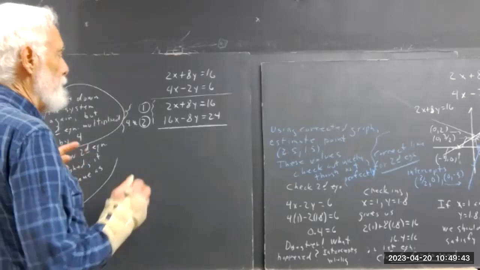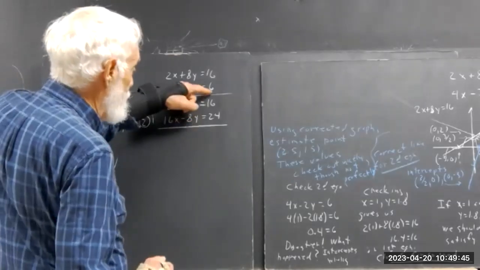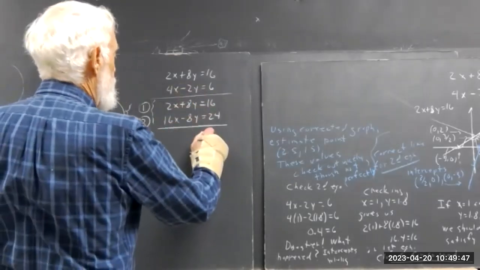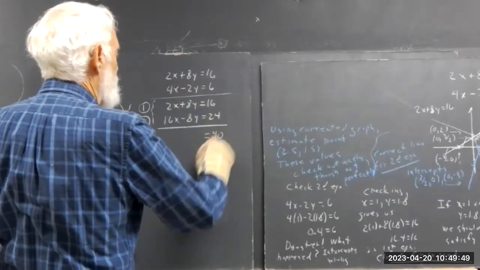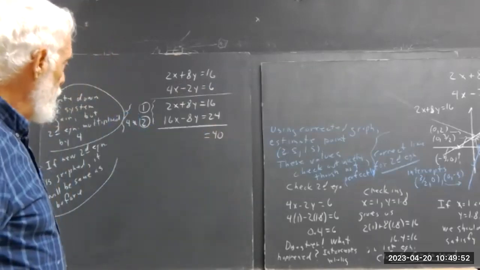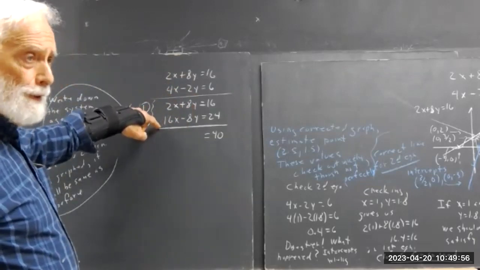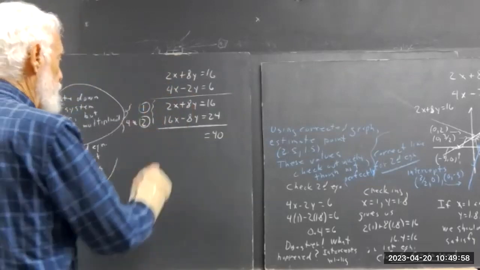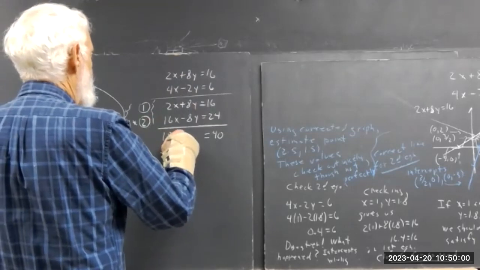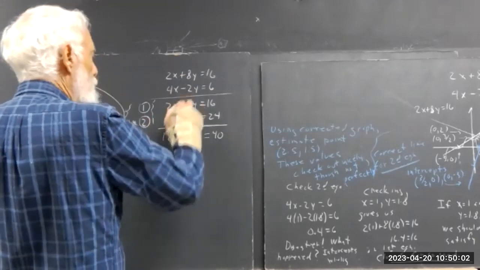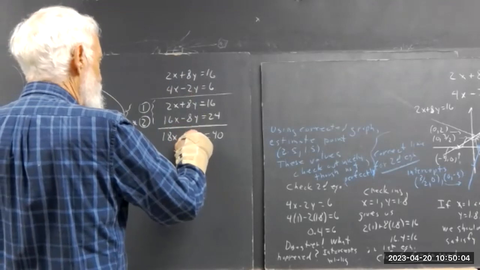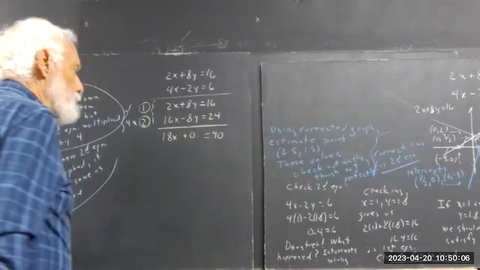Okay, pretty good. So if we add these two, we're going to get 40. That's the easy part. Over here, we add this to this. 2x and 16x makes 18x, and 8y minus 8y is 0. Look at what we've done.